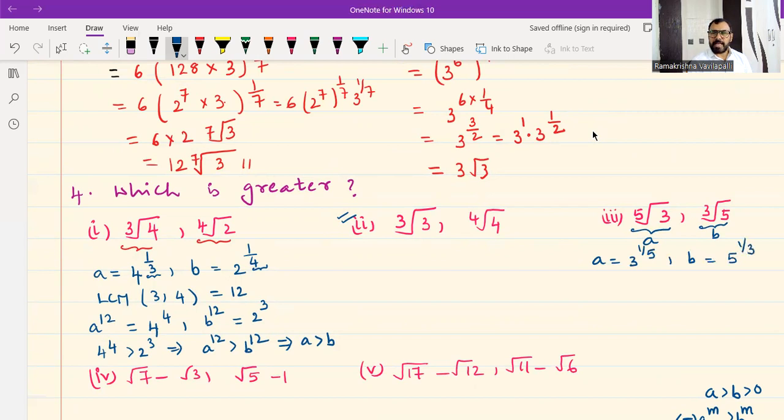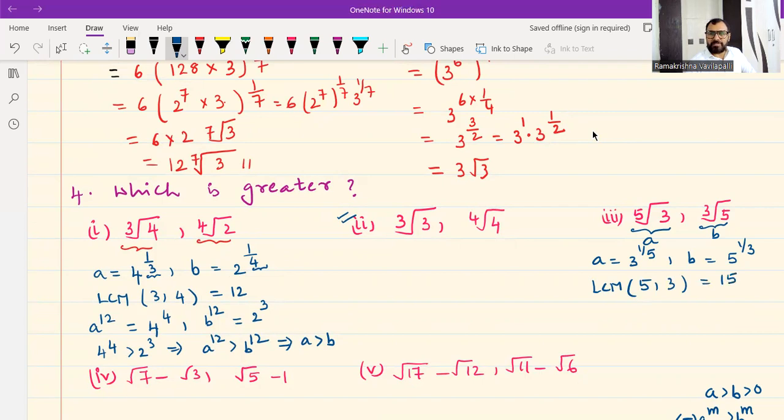We take the LCM of only the denominators of the powers of the given numbers. The denominator of the first power is 5, the denominator of the second power is 3, the LCM is 15.